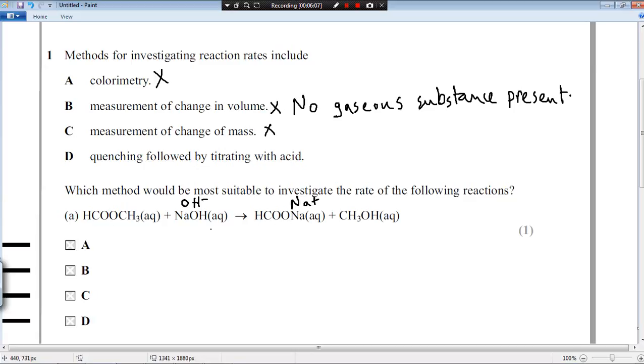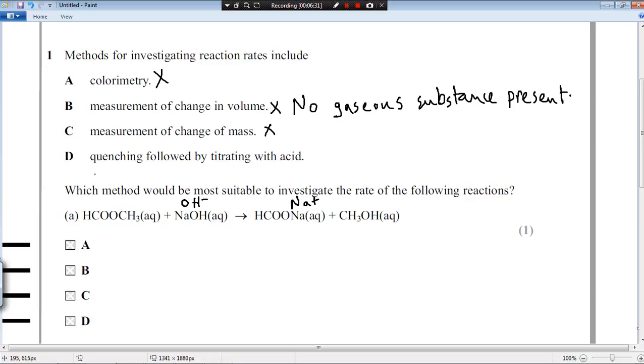Nothing gets out, just like carbon dioxide gets out from the reaction mixture of calcium carbonate and hydrochloric acid. So this is not that reaction, so we will not use option C, measurement of change of mass.